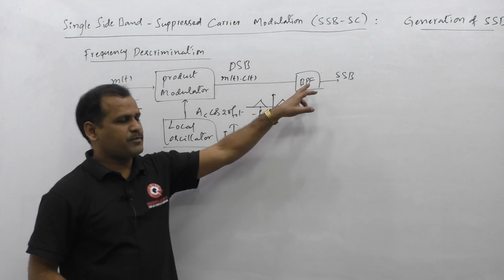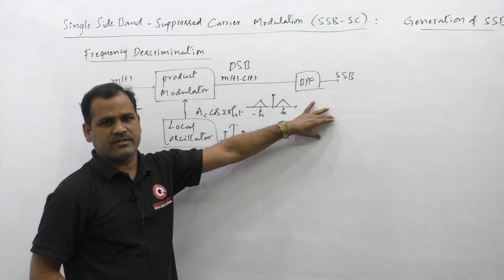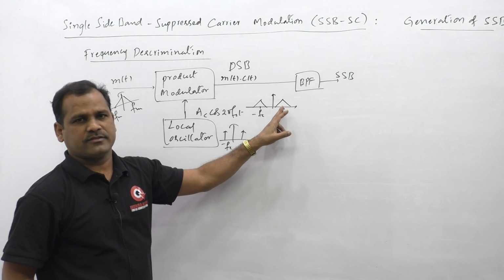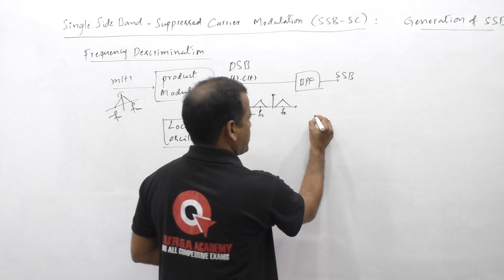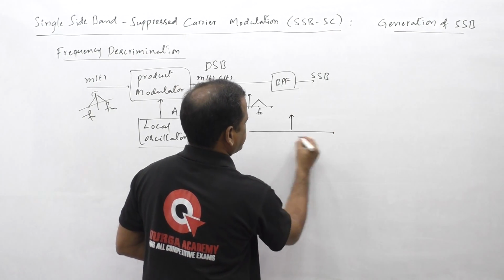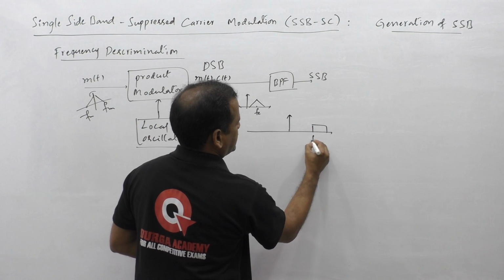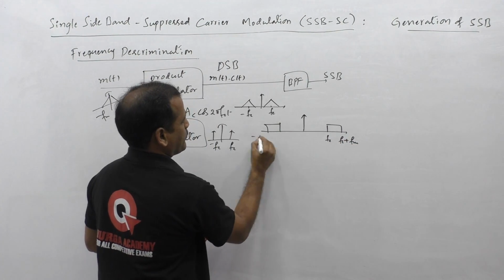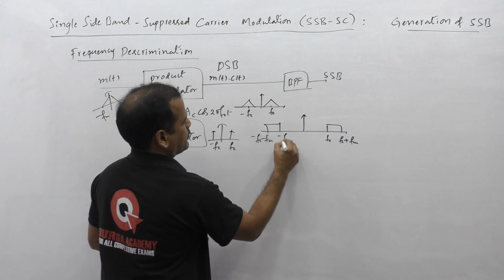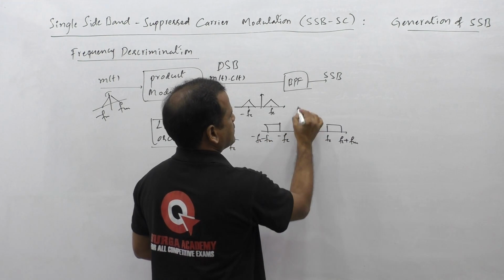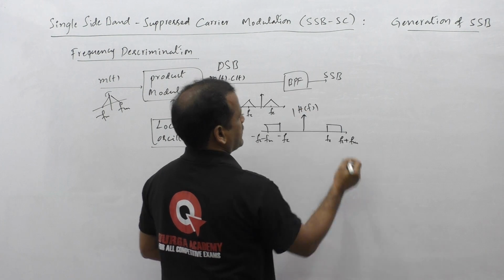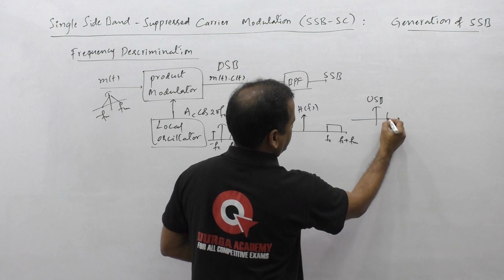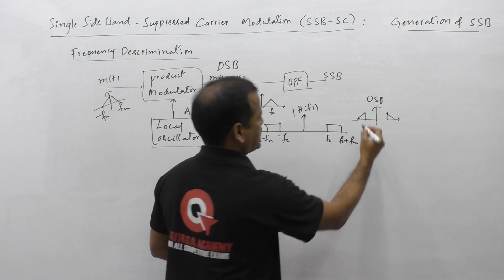So this band pass filter, based on the pass band frequency range, will select one sideband from these two sidebands. If I consider the band pass filter pass band from fc to fc plus fm, then at the output we will get the upper sideband SSB with this spectrum.